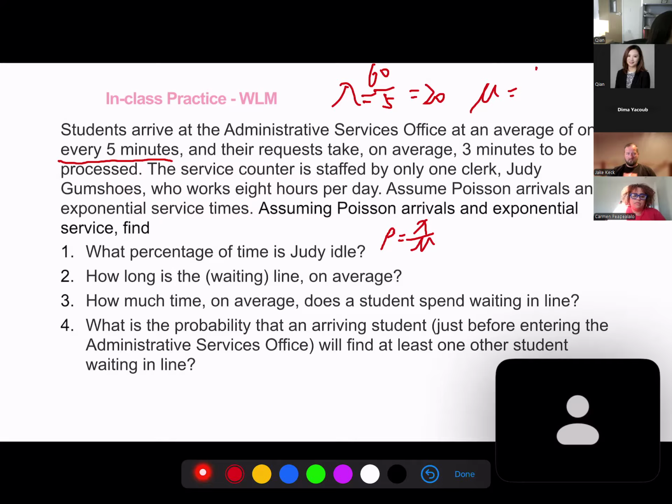So 60 minutes and 3 minutes to finish 1 student's request, sorry, mu should be 20 here, and lambda should be 12. So rho equals lambda over mu, and this is the utilization. So the idle time will be 1 minus rho. Okay, so this is how we solve these types of questions.